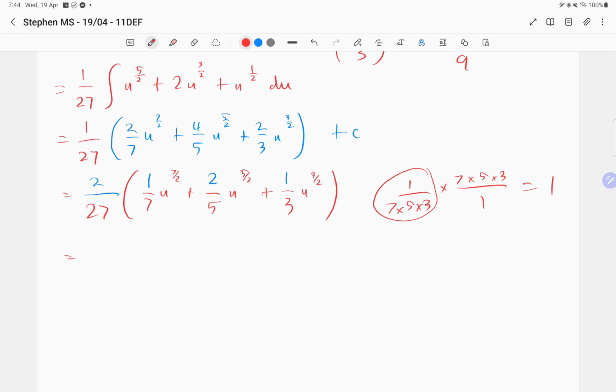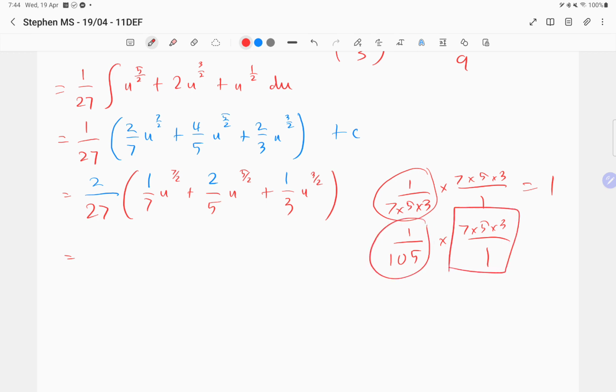So if you take out 1 over 7 times 5 times 3, which is 1 over 7 times 5 is 35, times 3 is 105. And then this one would be 7 times 5 times 3 over 1. So if you take this one out, this is left behind.